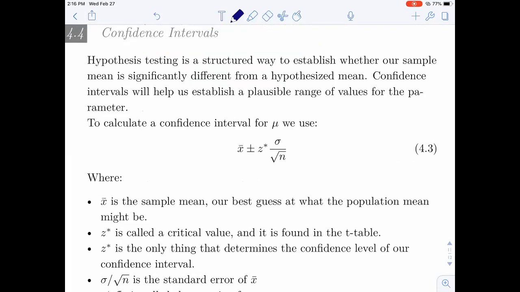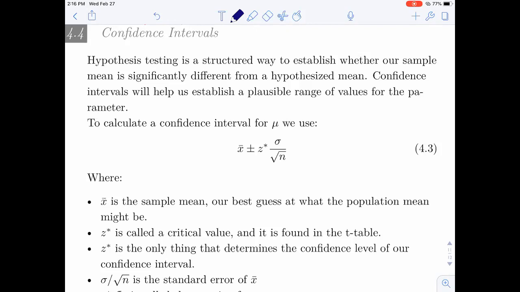You've got your tables, but because it's so laggy, I won't pull them up here. If you wanted to make a 95% confidence interval, you'd go to the 95% confidence level, and down the third row from the bottom, you've got a Z star row.